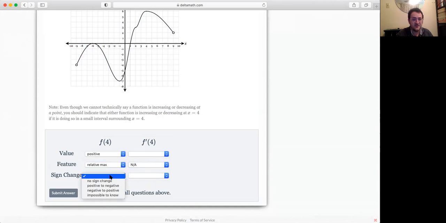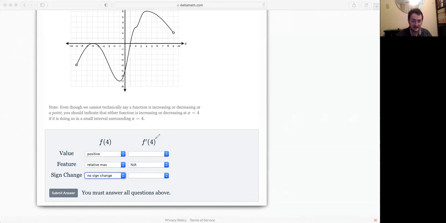And is there a sign change for that? No, because it's particularly positive. Now, for the f prime, what that's asking is increasing, constant, or decreasing.